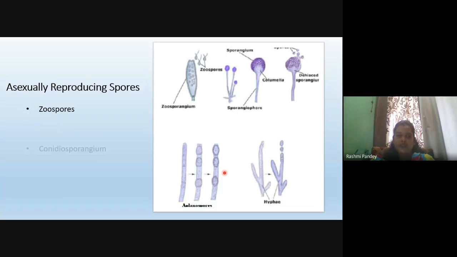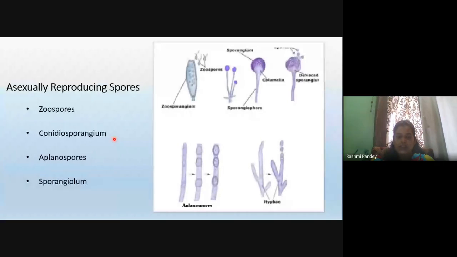Zoospores. Then there is conidiosporangium. Now whenever the term spores comes, these are actually the spores which will be germinating into a new being. And whenever the term sporangium comes, it means they are the containers in which these spores will be kept. Aplanospores, again a different kind of spores, and sporangiolum.